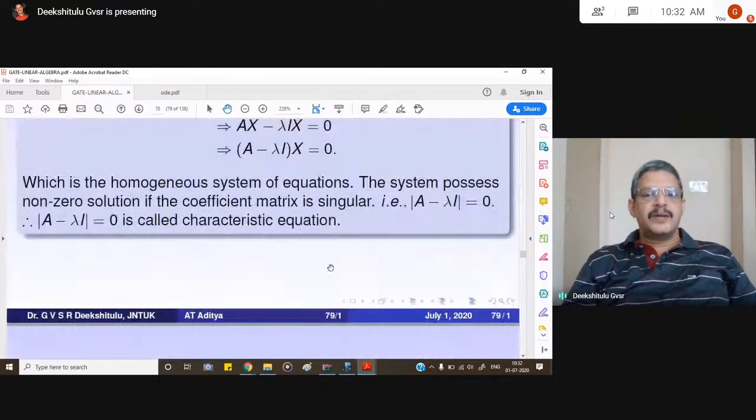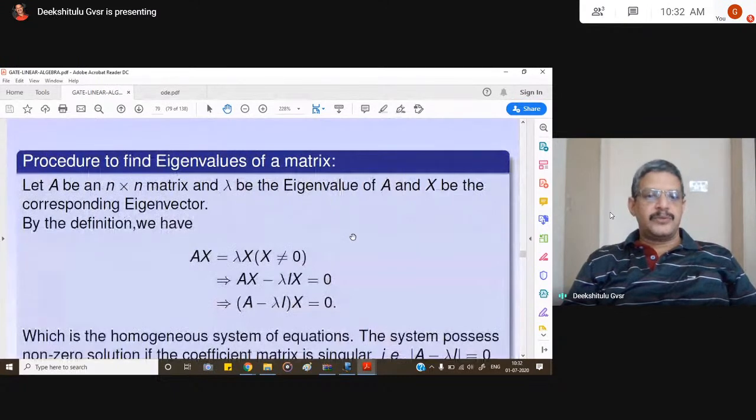Now let us find the procedure to find the eigenvalues of an n by n square matrix A, with lambda the eigenvalue of A and x the corresponding eigenvector. Then we have A minus lambda I times x is equal to 0. This is how we get Ax is equal to lambda x, x not equal to 0.